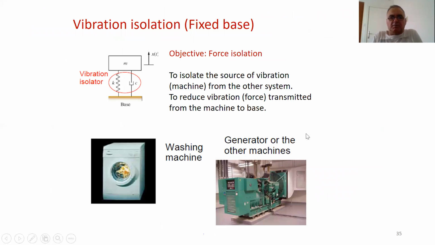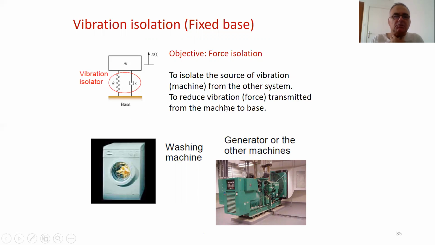The second problem is somewhat new. We want to isolate the base of a vibrating device from the forces. For example, if you have a washing machine or some other machine, you don't want to transmit too much force to the fixed base, so that those forces might cause wear, fatigue, or vibration in other parts of the building.